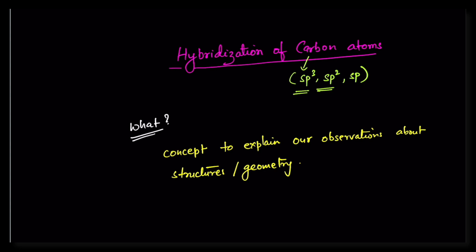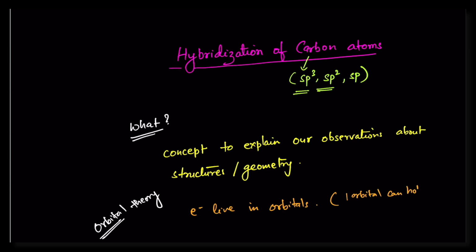The concept of hybridization is linked closely to the orbital theory, which states that the electrons live in orbitals, and each orbital can hold 2 electrons. Now there are various kinds of what we call subshells, which are groups of these orbitals.